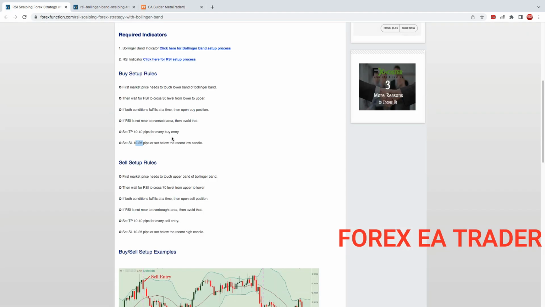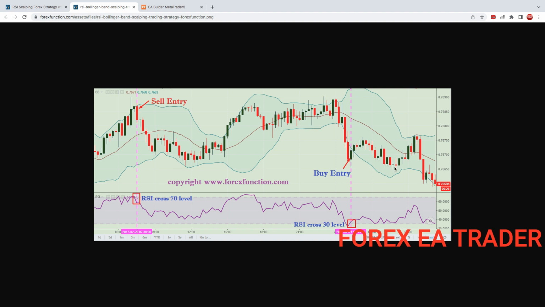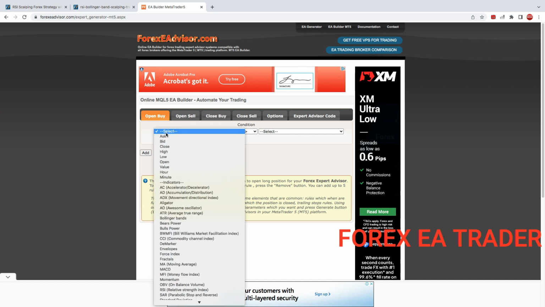So we are going to set conditions to open a buy. We said the first condition is that we need market price to touch the lower band of the Bollinger Bands. For a buy, I'll say when it's above the lower band. So let's start with that.